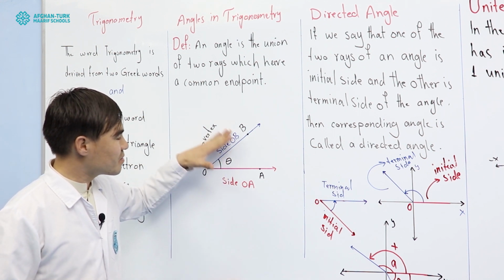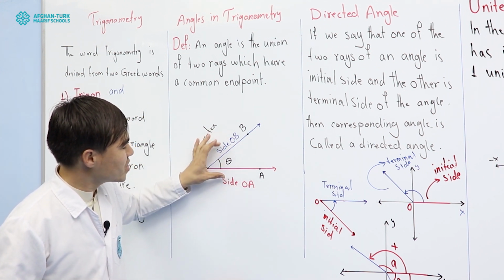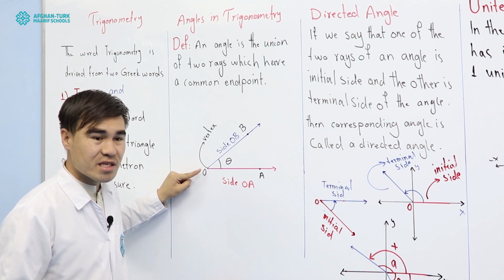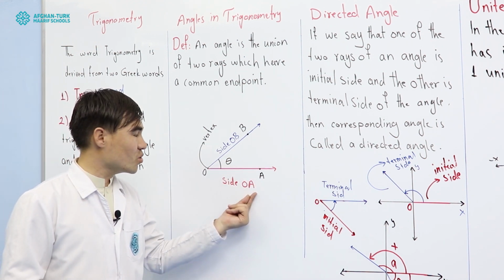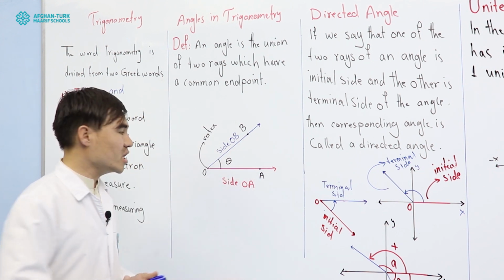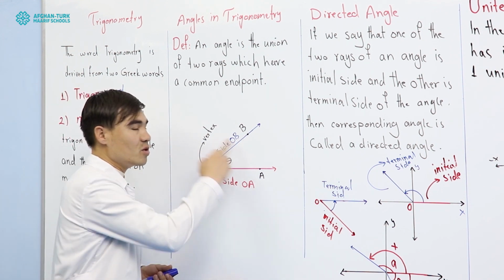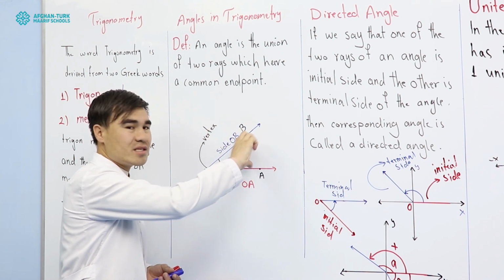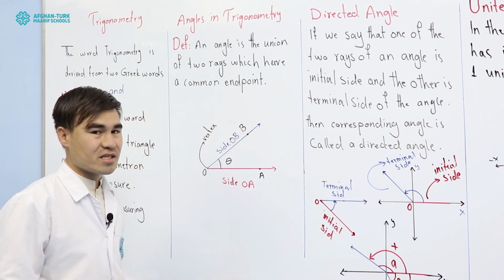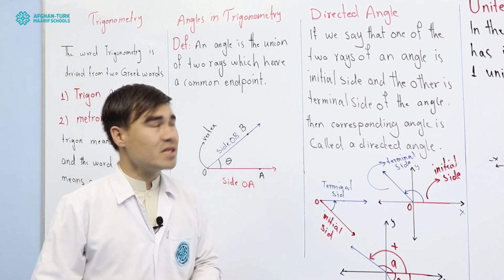An angle is formed between two sides which have a common vertex. It has two sides, like side OA and side OB. Here, theta is the angle formed by the intersection of two rays at one point, called the vertex. This is very easy.